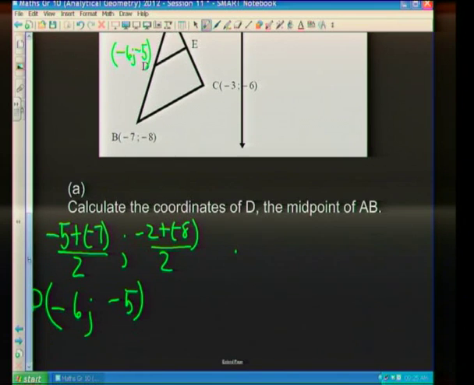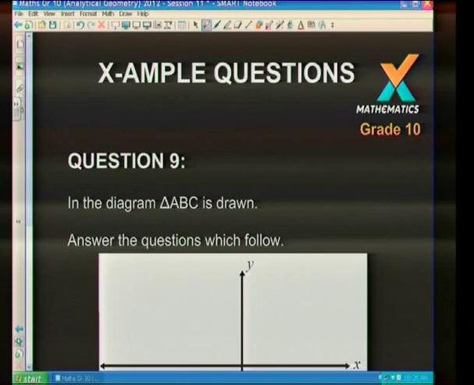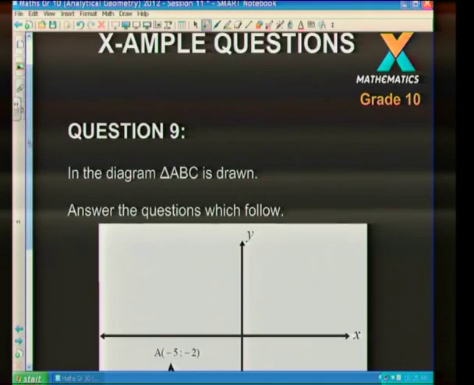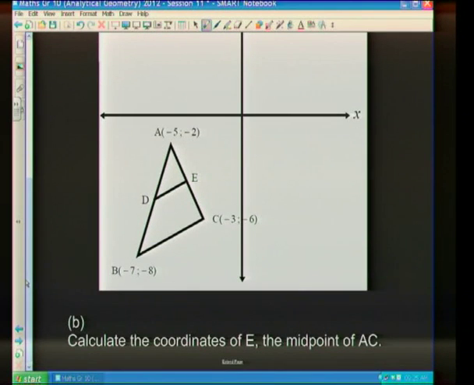Right, so that's the first question, straight application of the midpoint. Nothing too bad. Second question, predictably, asks us to calculate the coordinates of E, which is the midpoint of AC. So minus 6 and minus 5, just putting D in. Right, so we're going to do exactly the same thing.